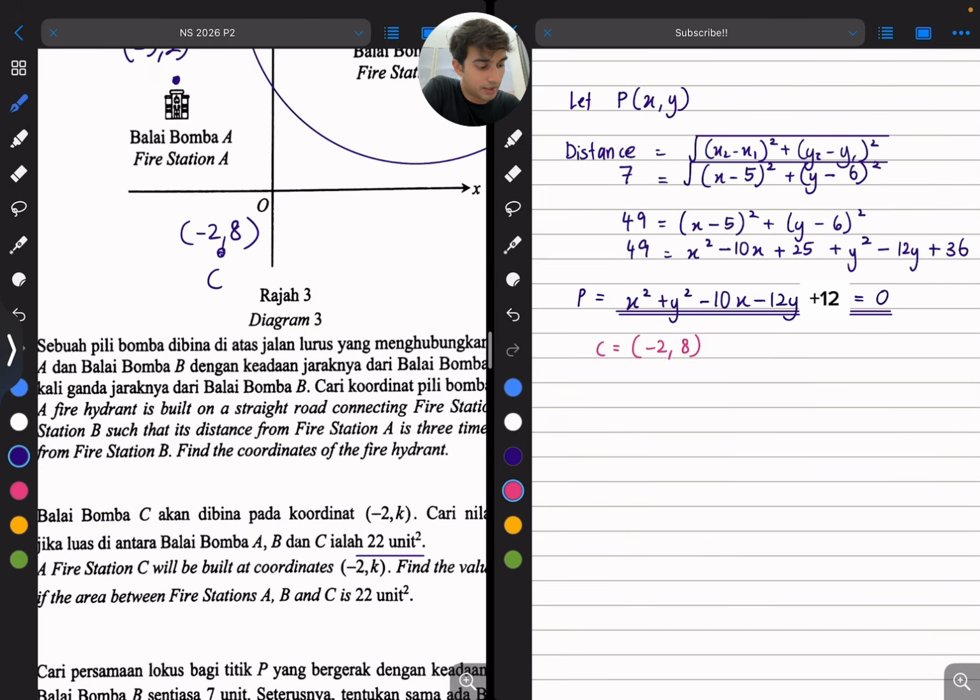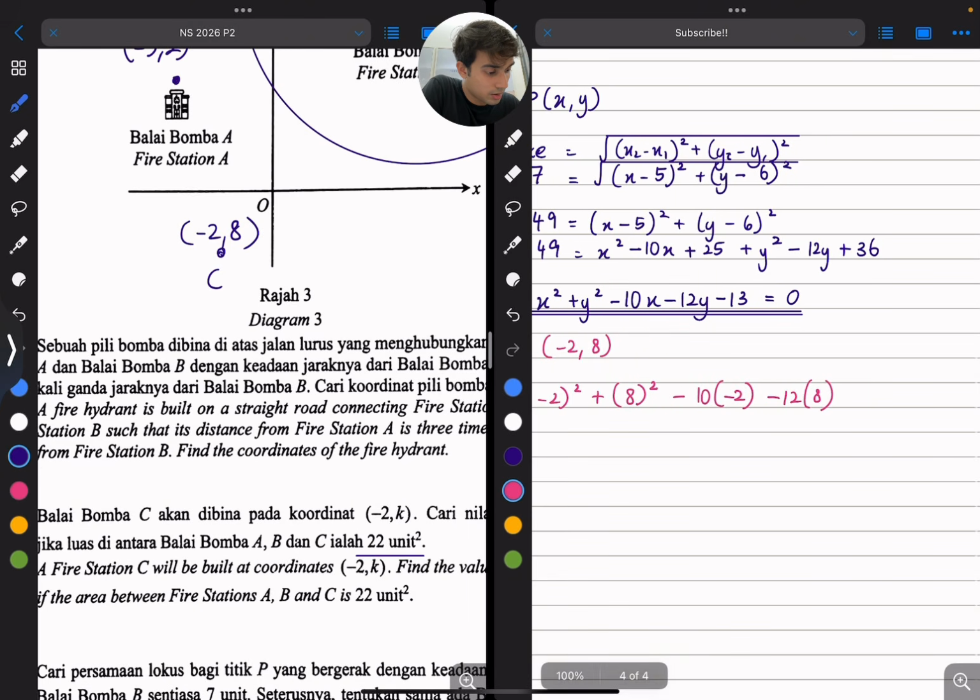I'll just do it in pink. So x squared, actually this one you cannot write equals 2, because you cannot have 2 equals 2 in one equation. So you just leave it like this. So x squared plus y squared minus 10x minus 12y minus 13 equals.